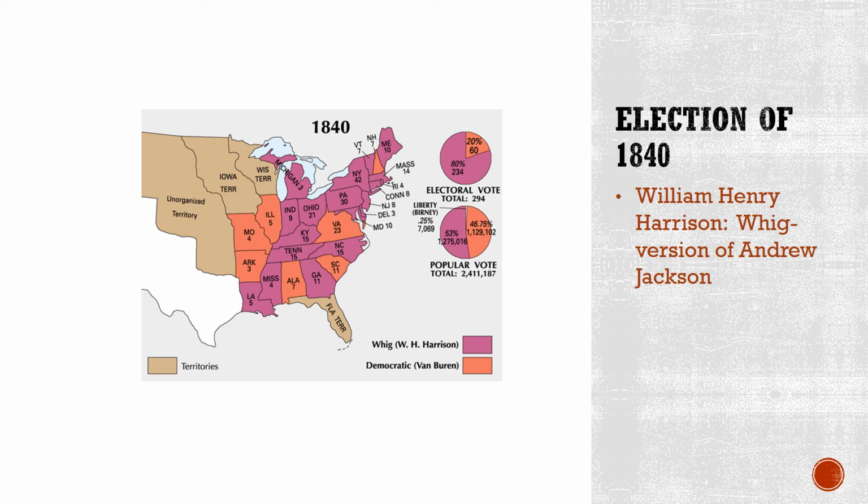In the end, this sets the precedent. The United States would be a political system of 2 major parties. Sometimes a third party would come in and make a splash, but for the most part, we're going to settle on a 2-party system.